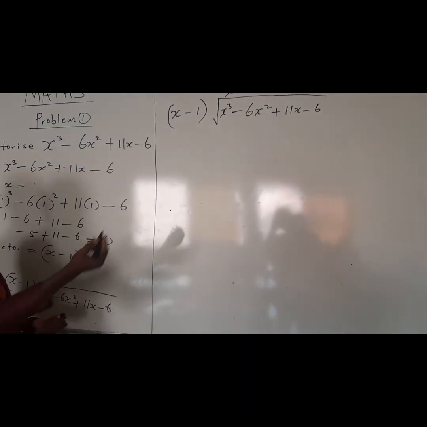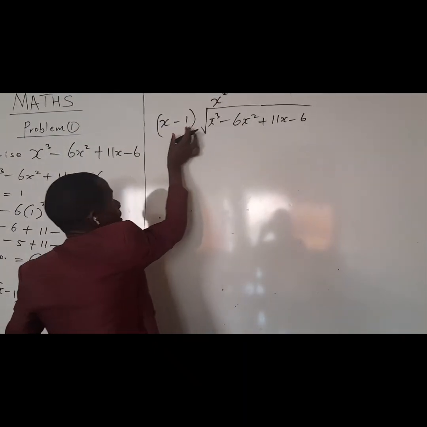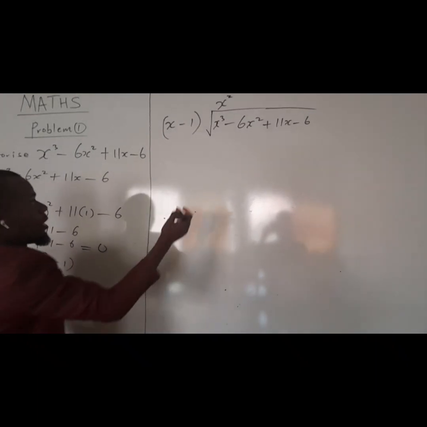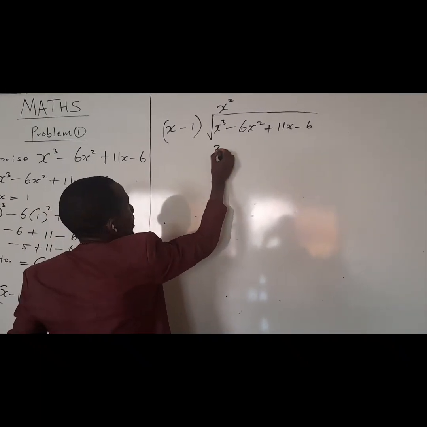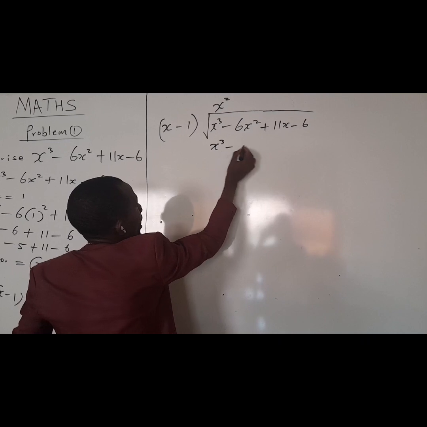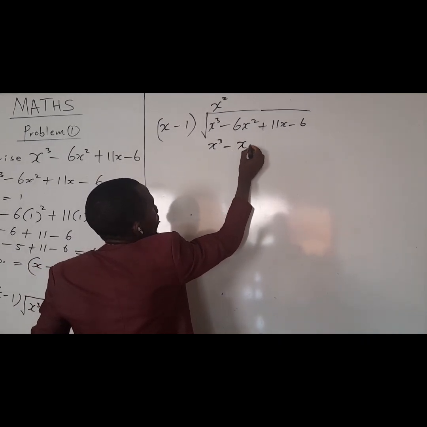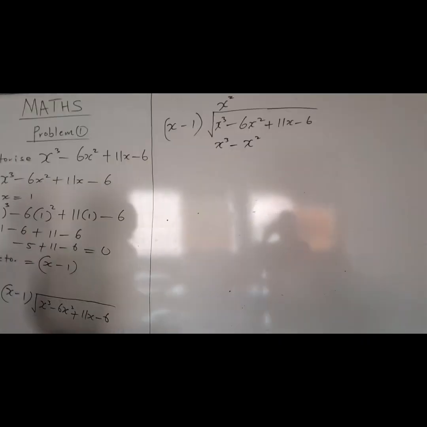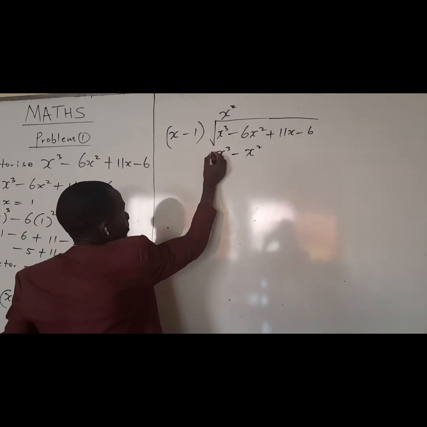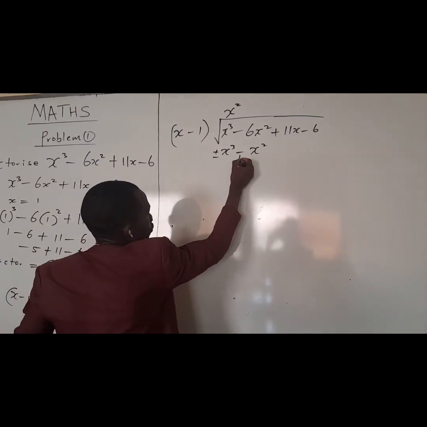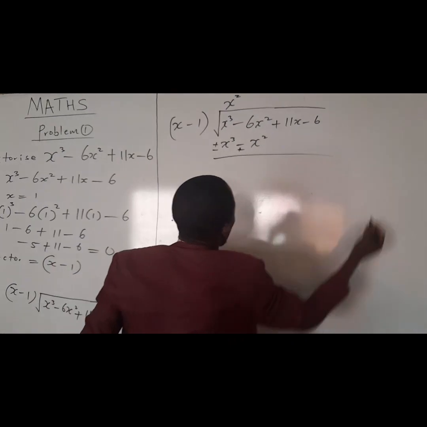So if I multiply x squared times this, I'll have x cubed minus x squared. Remember, this is plus and minus, and this is minus plus. So I have to draw my line.